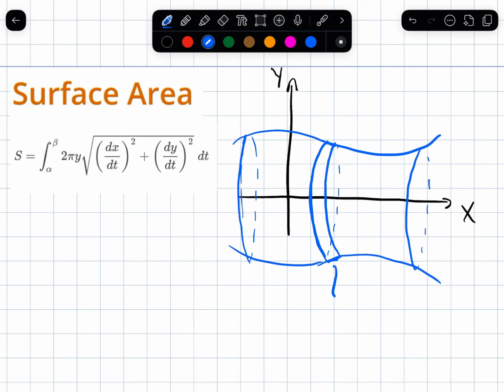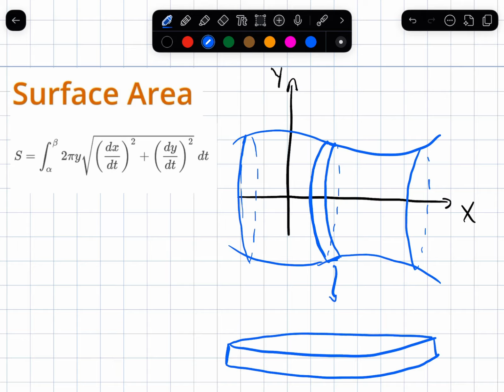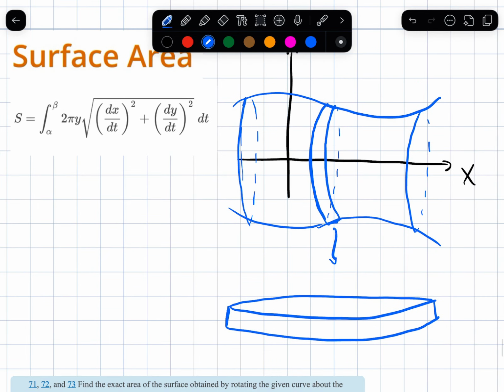So let's say I take this cylinder right here. So this is obviously not exactly a cylinder because my curve isn't a line, it's curving. But you can imagine that this disk is approximately equal to a cylinder.